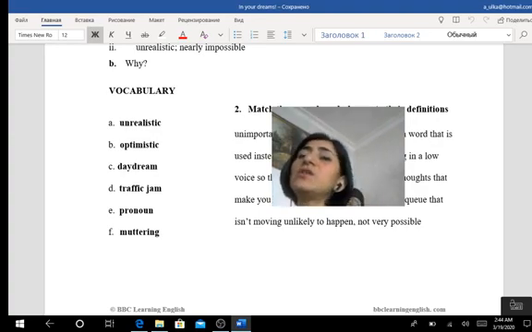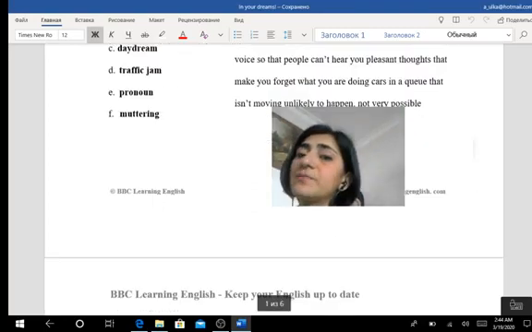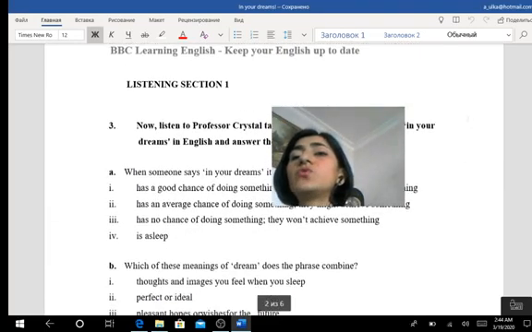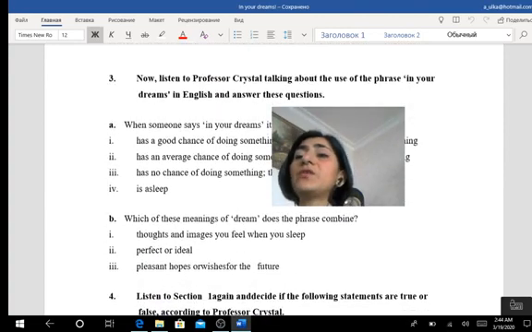First is matching. It's again easy. You see on the left column some bold words, and you have to find out their meanings in the right column and match them. After that, you go to exercise 3. Here you have sentences. Listen to Professor Crystal talking about the use of the phrase "in your dreams" in English and answer these questions.